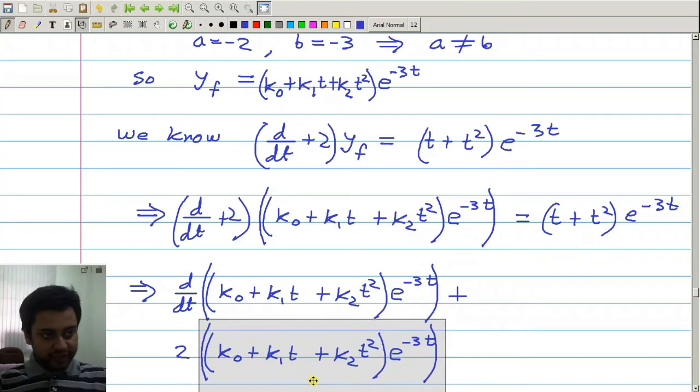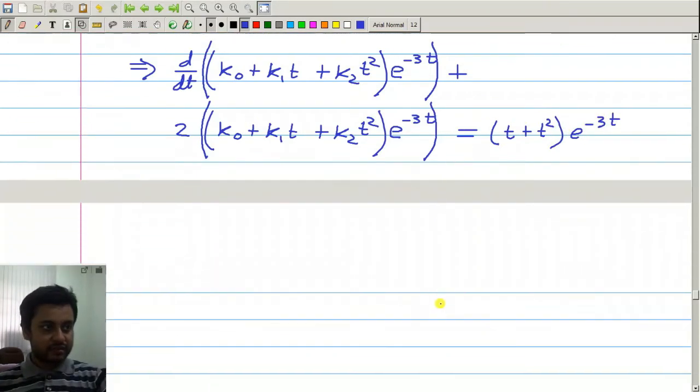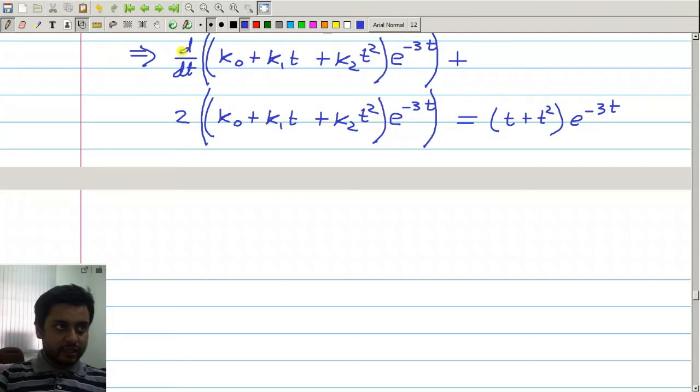I am copying it, and this is equal to the input. Now let us do the differentiation.